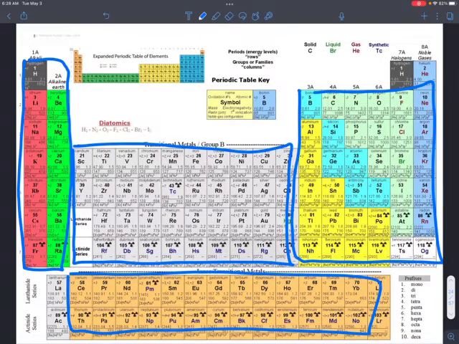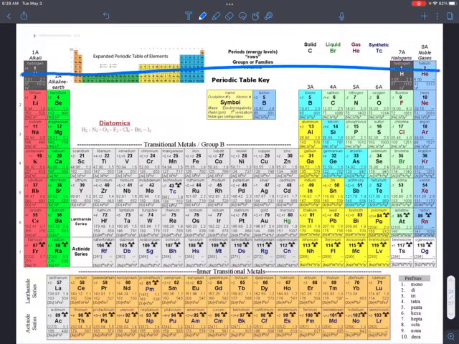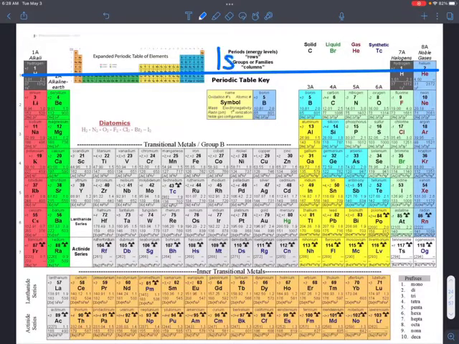If we just treat these as if we are reading a book, we always start at the top and read from left to right. So when we're filling this in, the 1s orbital gets filled first, and there are 2 electrons that can fill in there.